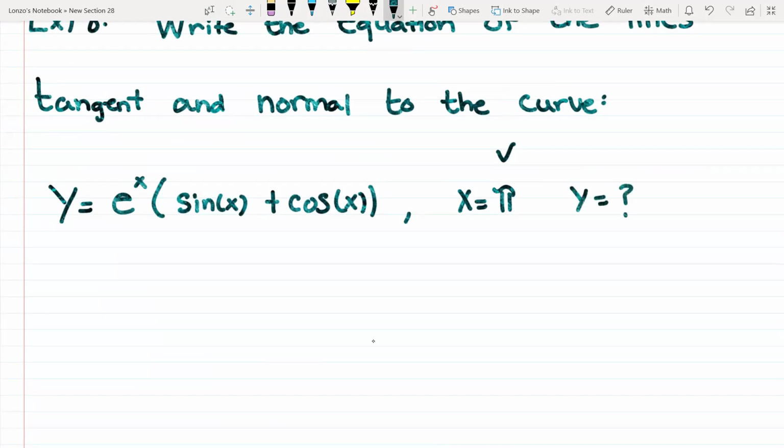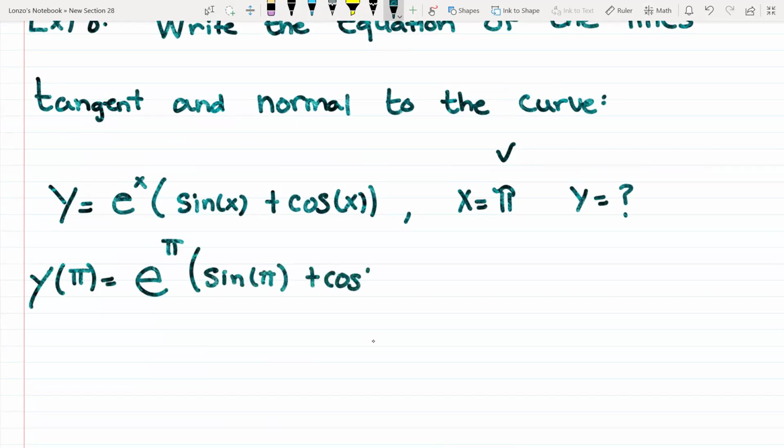So the first thing I'm going to do is find my y by plugging in my x value. So that's e to the pi times sine of pi plus cosine of pi.